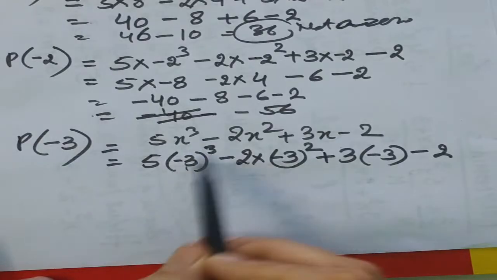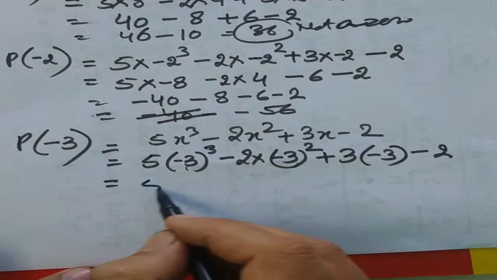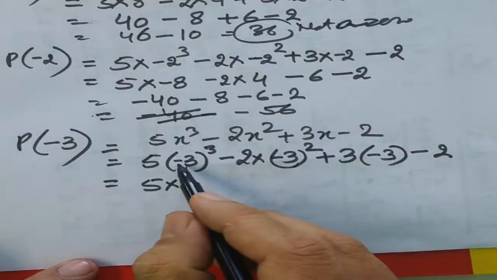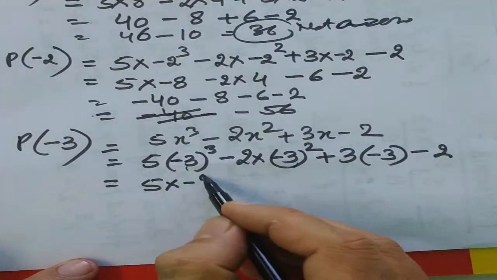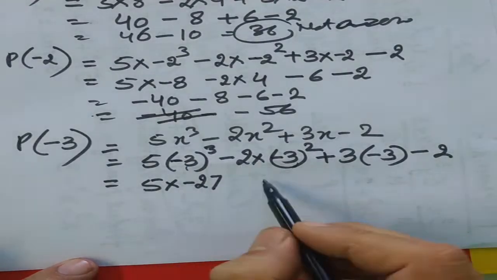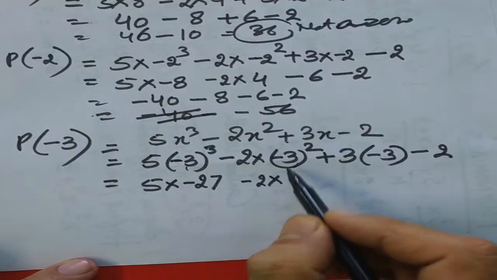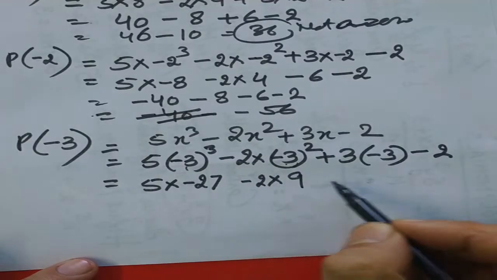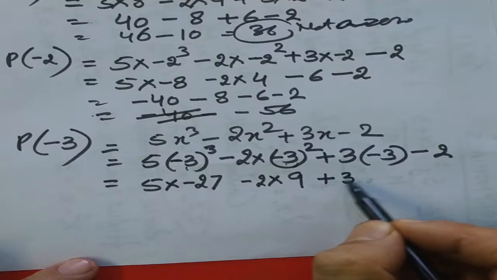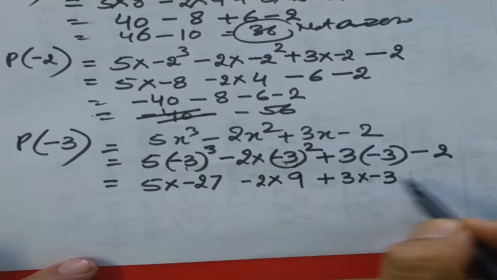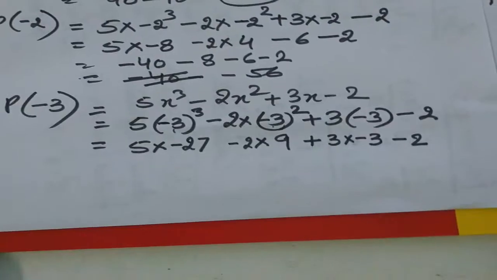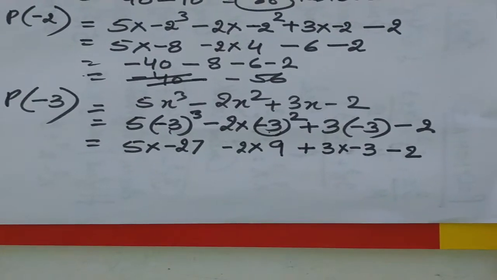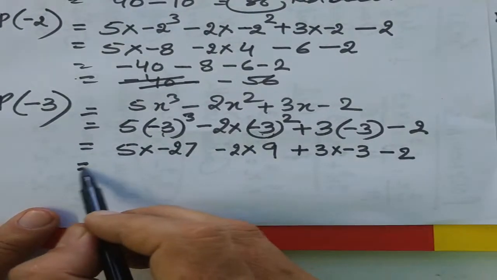Replace x with minus 3. So it will become 5 multiplied by minus 3 raised to the power 3, which is minus 27. And the next term is 2 into 3 square, which is plus 9, plus 3 into minus 3, and minus 2. Got it? Now let's see what the answer is.